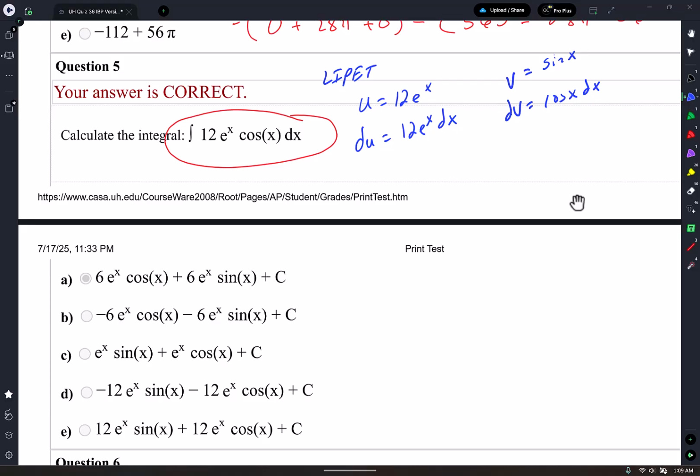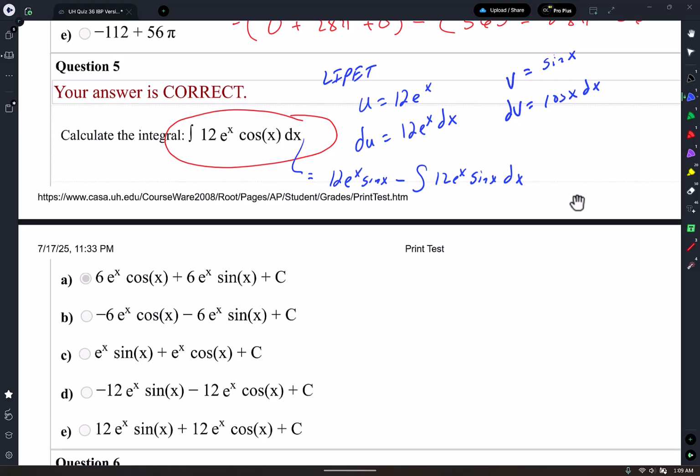So this must equal uv. So I'm going to write 12 e to the x sine x minus integral of v du. So sine x times 12 e to the x dx. I'm going to write the 12 e to the x first, 12 e to the x sine x, and then put the dx.